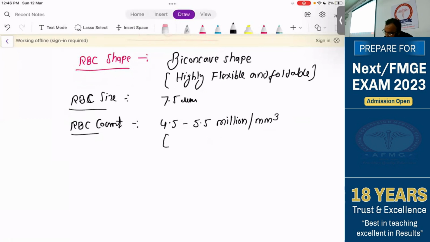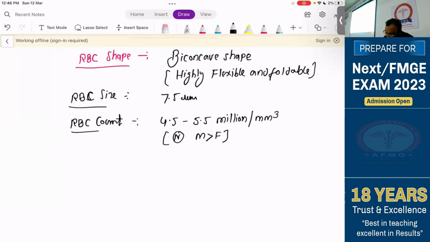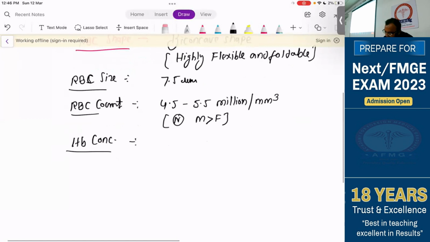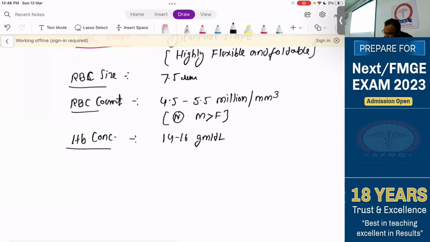And remember, normally males have more RBC as compared to females. And that's why hemoglobin concentration is also more in males as compared to females. Males have 14 to 16 gram per deciliter hemoglobin concentration, while females have 13 to 15 gram per deciliter.